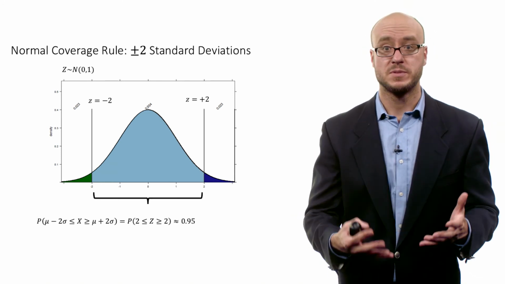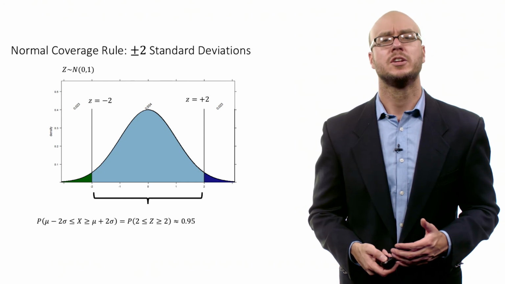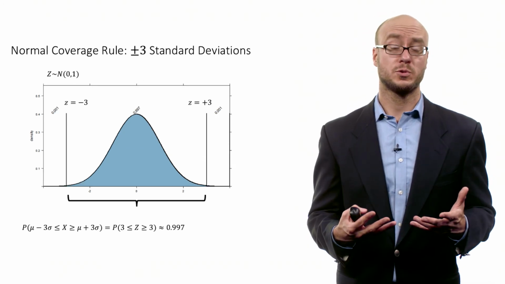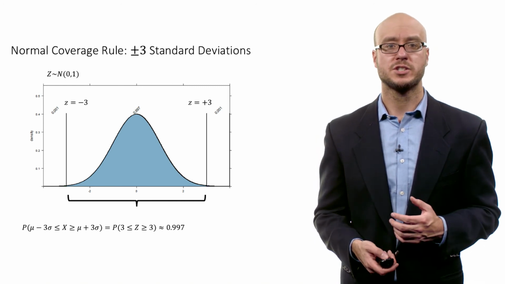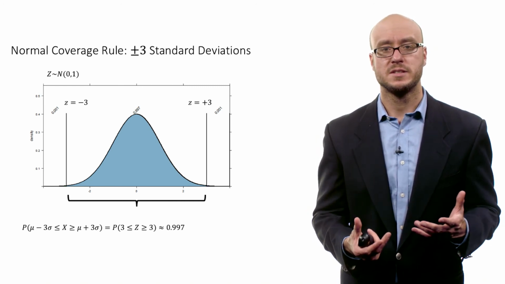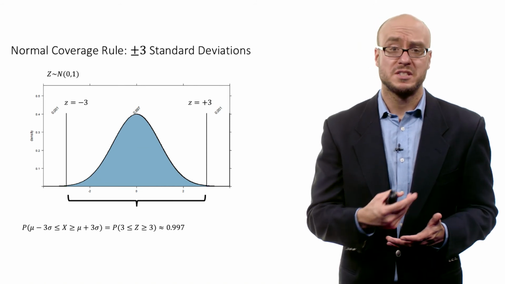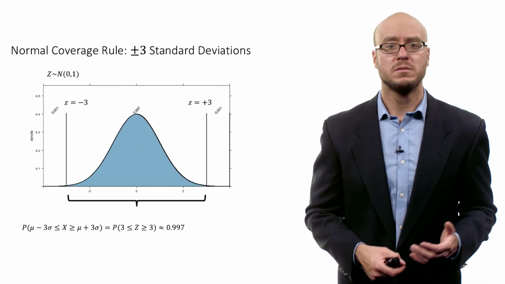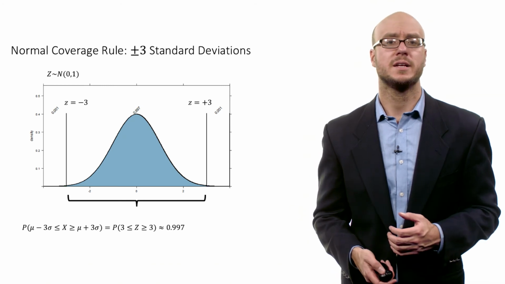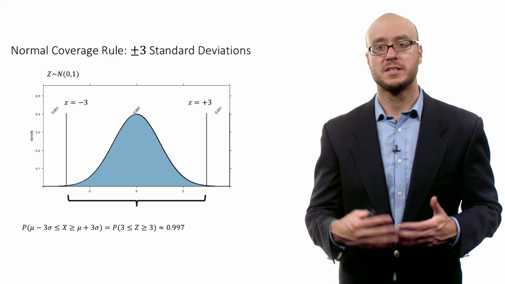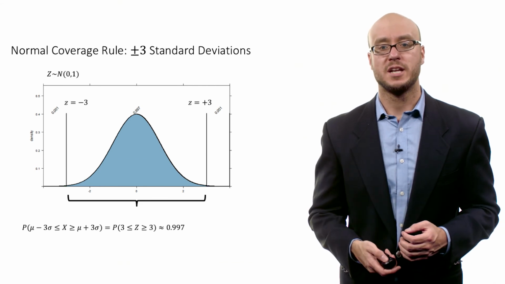Equivalently, 95% of the values we'd expect to be between 2 standard deviations, roughly, of the mean. And then for the normal coverage rule with plus or minus 3 standard deviations, we'd expect a randomly selected z-score to be within 3 standard deviations of the mean, either above or below. That probability is very high, 0.997, or roughly 99.7% of values we'd expect to be between 3 standard deviations, either above or below the mean.